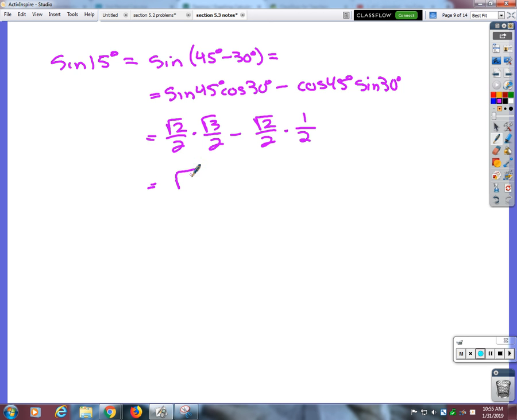Weird. Was the other one the square root of 6 plus the square root of 2 over 4? Except this one subtract. If you do 60 and 45, you get the same answer. Yeah, do you want me to do it or do you just trust me? Okay. It works.